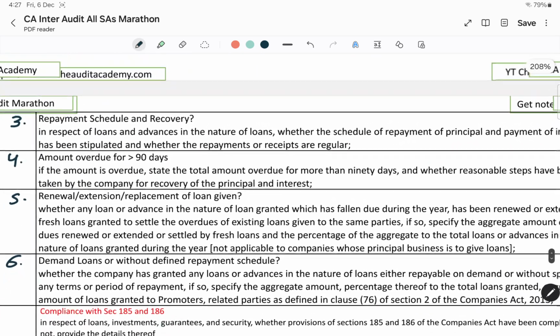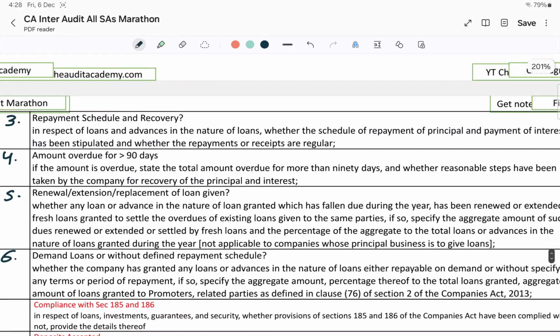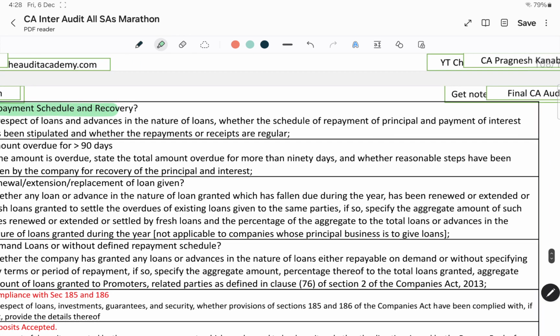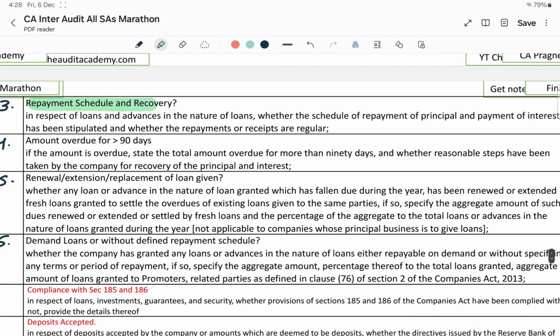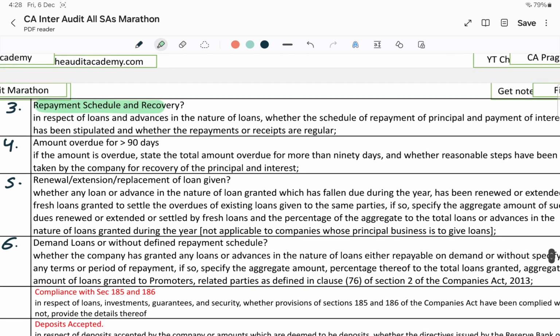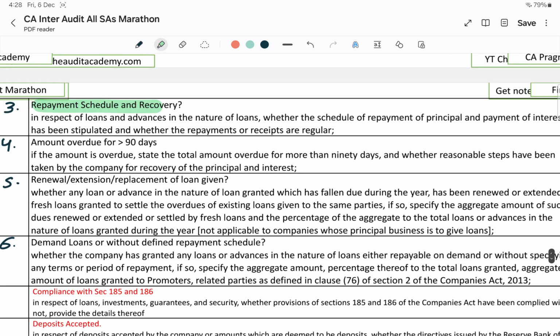Third is repayment schedule and recovery. In respect of the loans and advances in the nature of loan, whether the schedule of repayment of the principal and payment of interest has been stipulated, and whether the repayments or the receipts are regular.